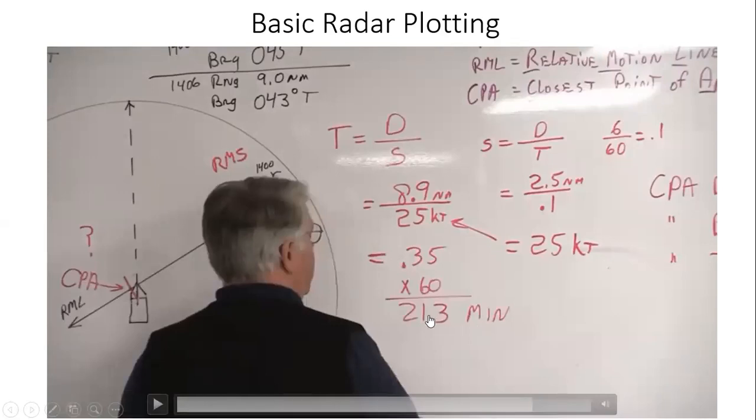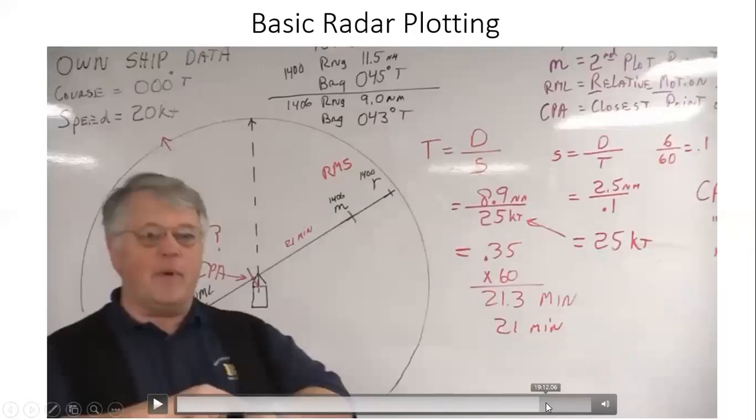So add that to the last time, 1406, at the M point. 1406 plus 21.3, it will be how much? So 21 minutes after 1406, it will be around 1430, the time of closest point of approach. Naiintindihan? Malinaw tayo?